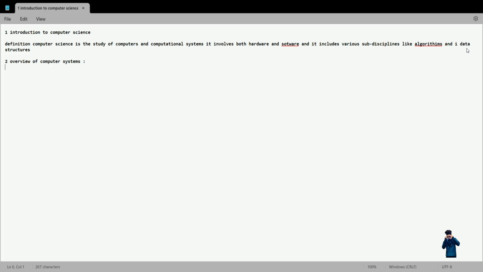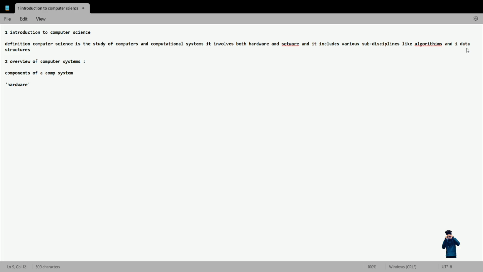So in this overview of computer systems, the components of a computer system are, first one, hardware. Sorry for this spelling mistake, hardware.